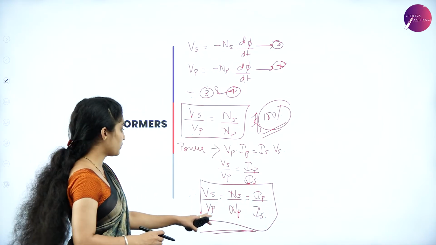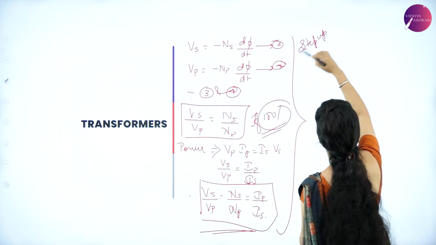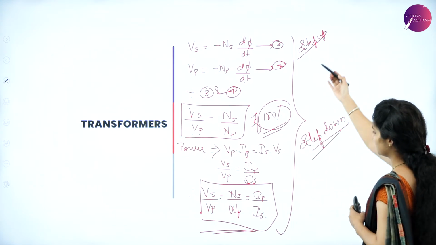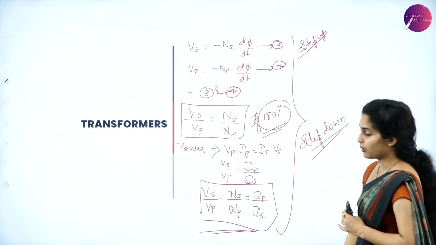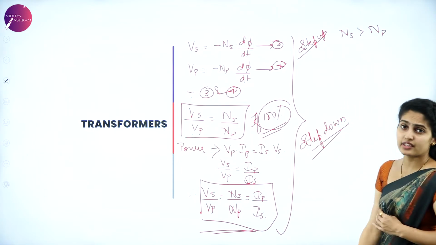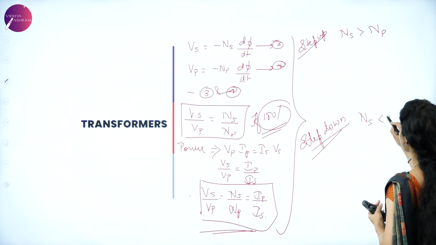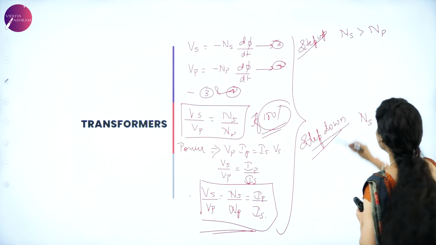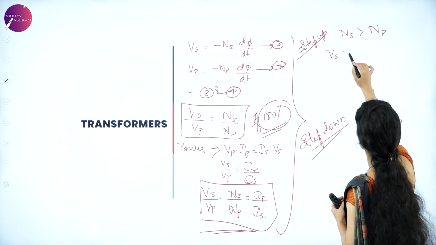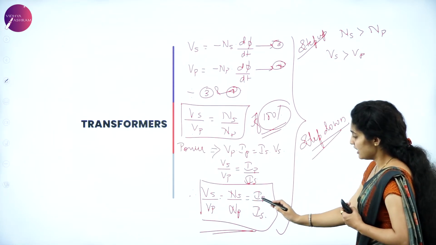Having this concept, we go on to the step up and step down transformer. For a step up transformer, we have Vs by Vp. Suppose Ns is greater than Np, that is, the number of secondary coil turns is greater than the number of primary coil turns. Then Vs is greater, so the voltage of the secondary coil is greater than Vp, the voltage of the primary coil, which means the current decreases.